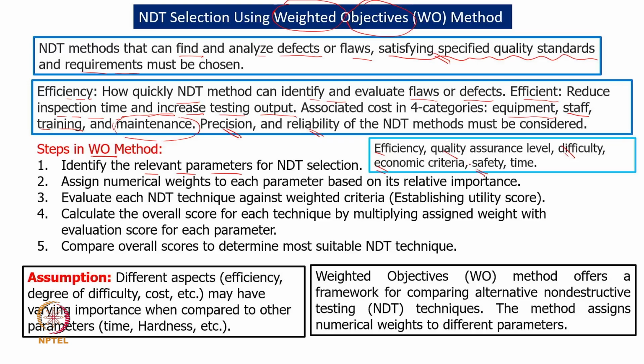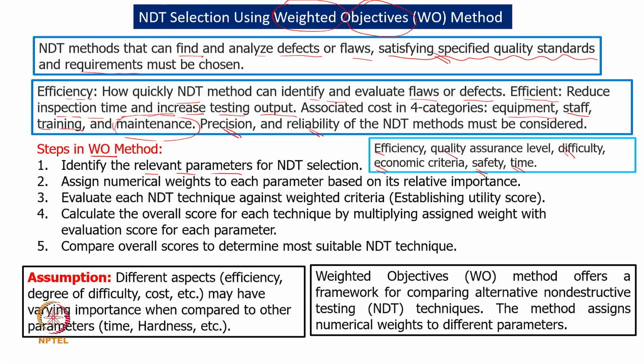Whenever the person is operating, he should be safe. For example, there is a problem related to gamma rays, and many people do not want exposure to gamma rays, even X-rays. So safety will come to mind, and then another one is time, how quickly we want the result. These are some parameters which need to be selected before starting the selection procedure, when we want to select the NDT method in this case.